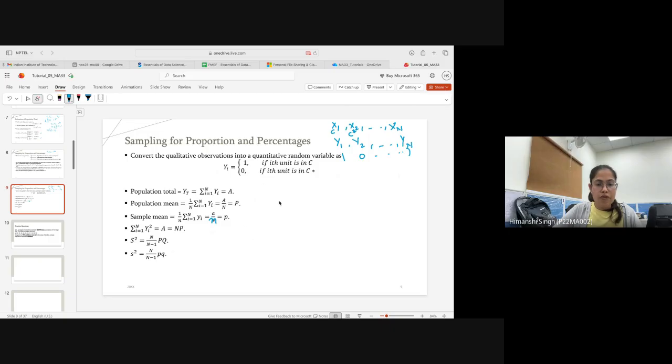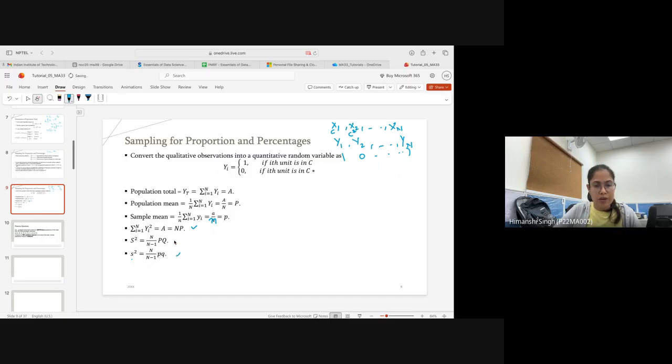Now, apart from that, the summation of yi square: if I square 1, that will be 1 only. So that will again be capital A, which equals np. Now by using this fact, I get that capital S square is n upon n minus 1 times pq, and small s square is n upon n minus 1 times small p small q.